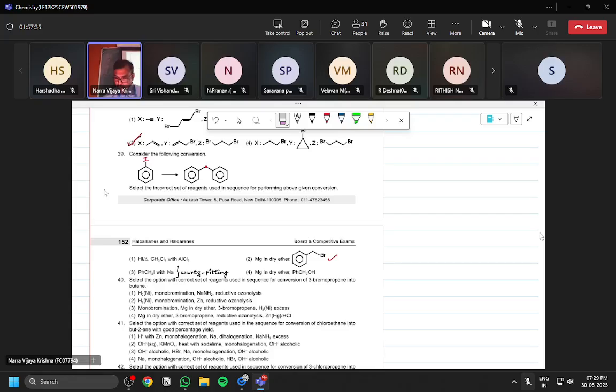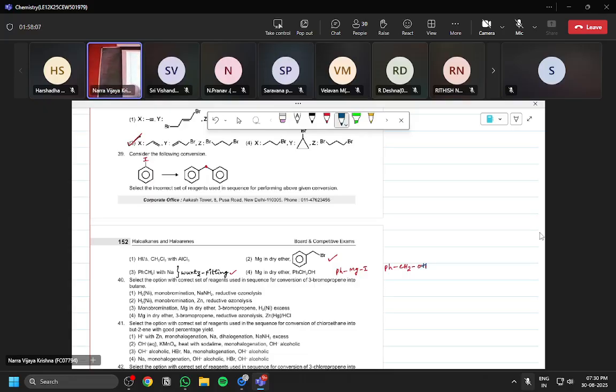Next one. Magnesium ether. In presence of magnesium ether, what you will get? Grignard reagent. So you will get phenyl MgI. Now this is allowed to react with benzyl alcohol. We have acidic hydrogen. When you have acidic hydrogen, Grignard reagents are unstable.